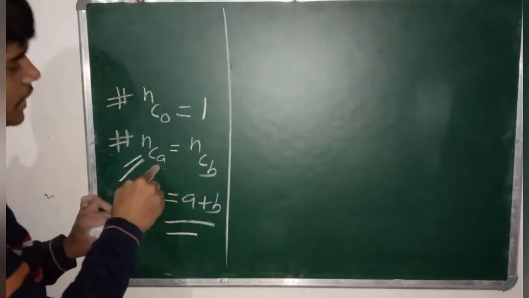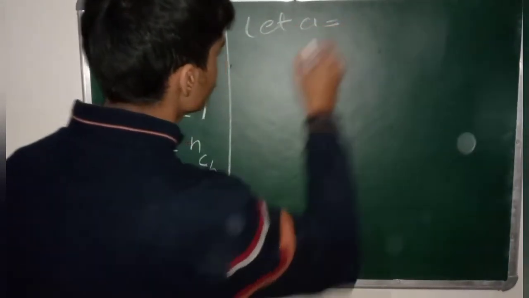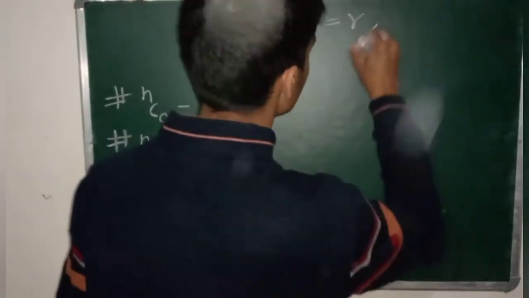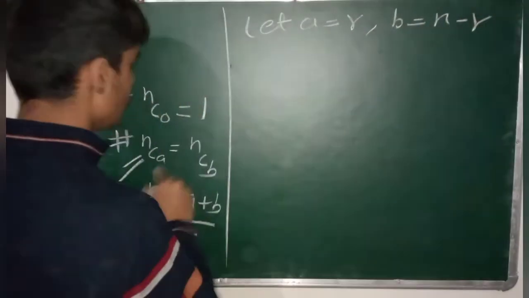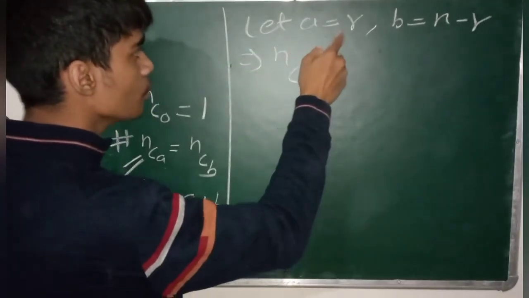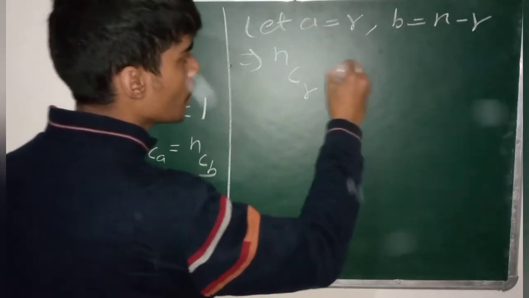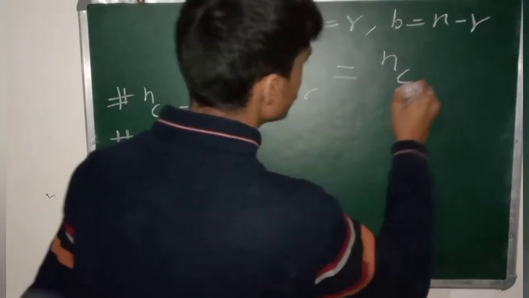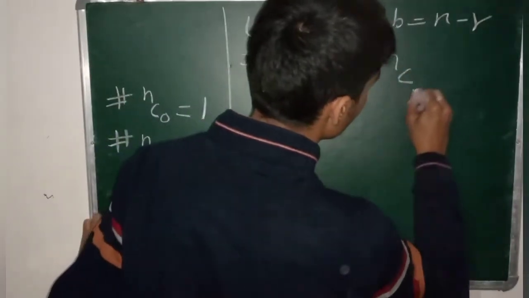So we let a equal to r and b equal to n minus r. Now we use this formula, we put the value of a equal to r and b equal to n minus r.